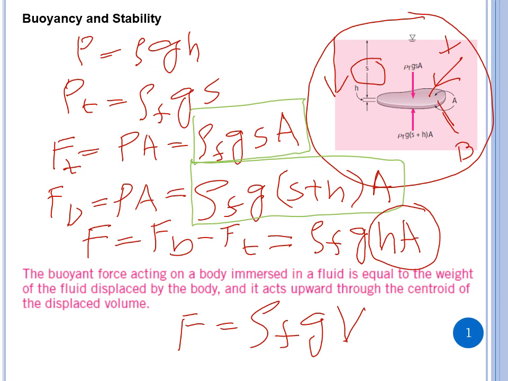Now initially, if you think about it, when there was no solid object there, then we had only fluid. When we submerged the solid object inside, it displaces some volume of the fluid.